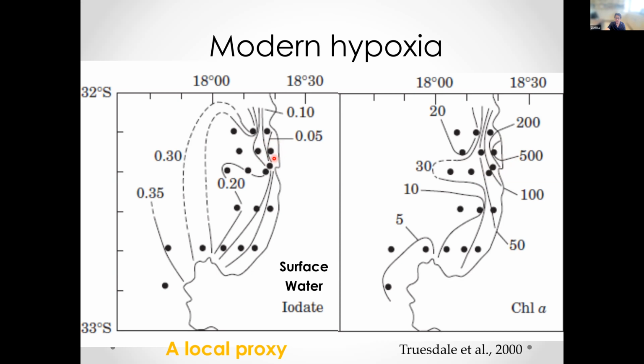And what I actually want to point to is these values are all surface water iodate. So you can immediately realize that if we have carbonates growing in this area, you will get very different iodine-calcium values. And this immediately shows you that we're looking at a local proxy.